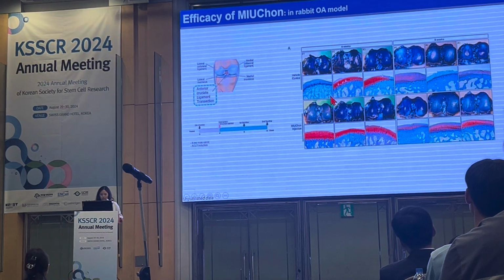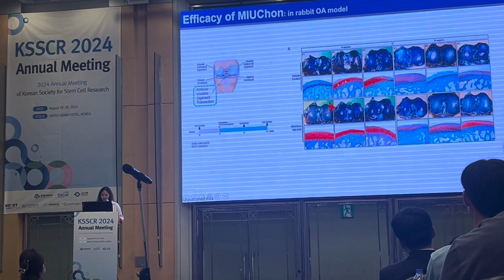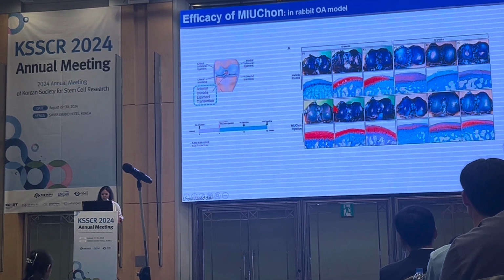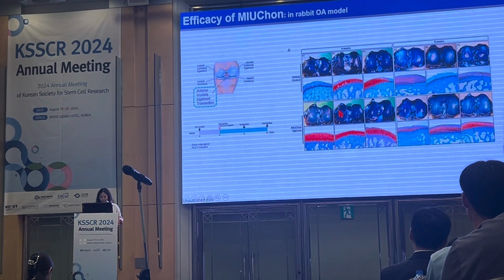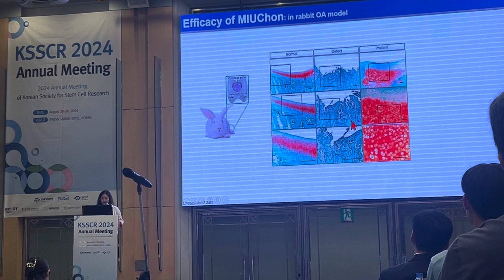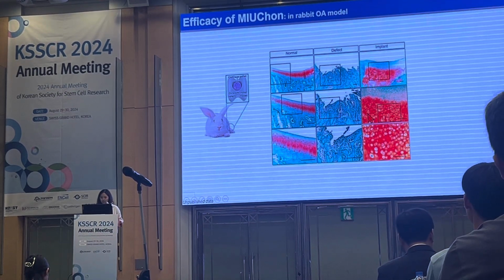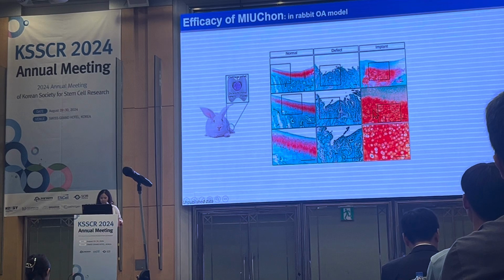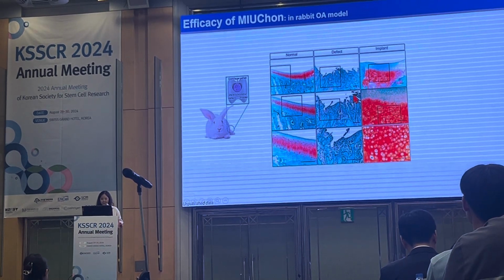And after injecting MUCONs, we confirmed that the MUCON injected group had a more cartilage protective effect and had less destructive area. When we also implanted them in an artificially made defect, we confirmed that the implanted MUCONs were able to assemble with one another and fill the defected areas.